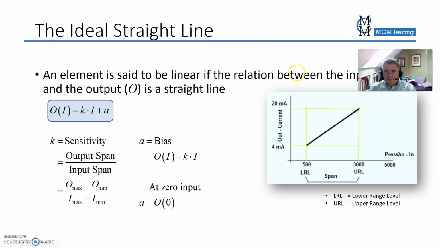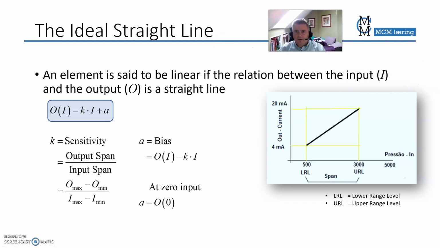For every instrument, we can define something called the ideal straight line. That would be if there was a straight line dependency between the input and the output, like here. Let's say that this is the input and that is the output, and that would be the input span here.